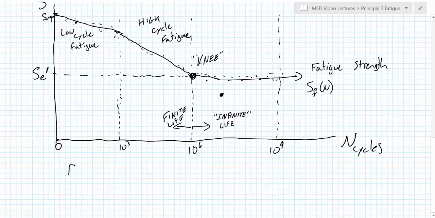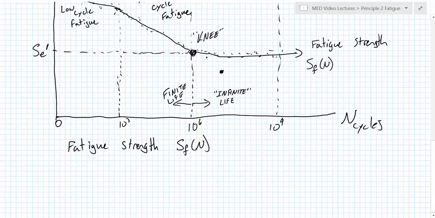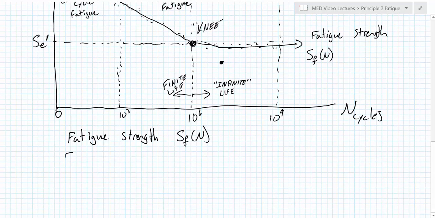So our fatigue strength, as I just said above, is a fatigue strength with respect to the number of cycles. Our endurance limit is a value of stress, the fatigue strength at 10 to the 6 cycles for steel.